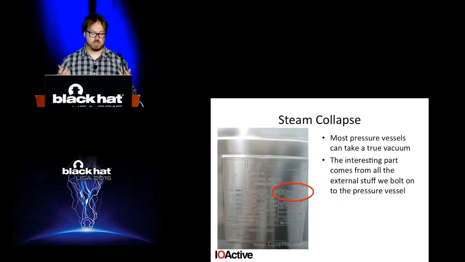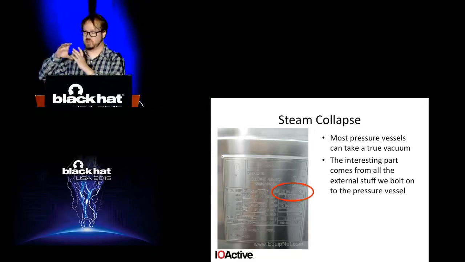So in the steam collapse, most pressure vessels are actually rated for a perfect vacuum. So if you take a big reaction vessel, you're not going to be able to collapse it, because it will take a perfect vacuum. But while the vessel is stamped for a perfect vacuum, all the stuff we bolt onto it isn't really rated for that.